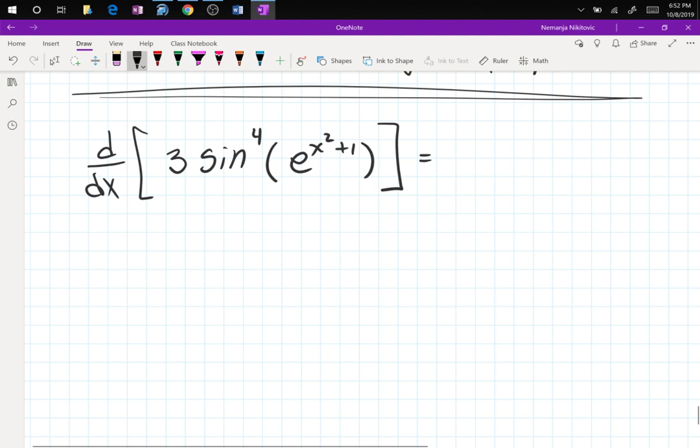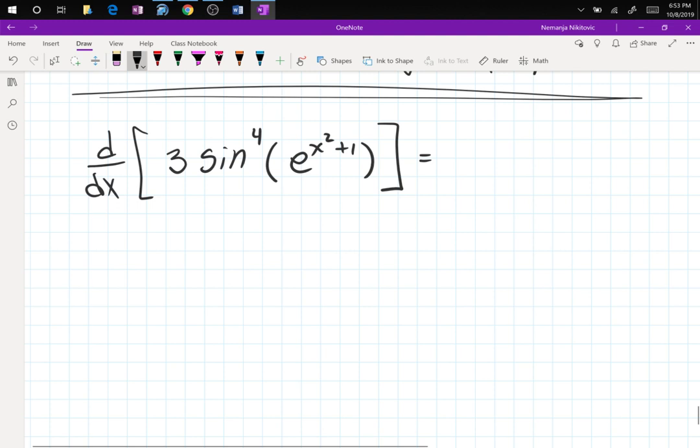So we have 4 functions. Any specific rules that we want to worry about or no? Product rule? No product rule. We have 4 chain rules.